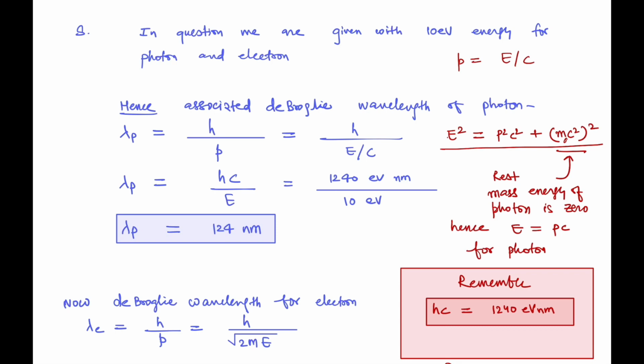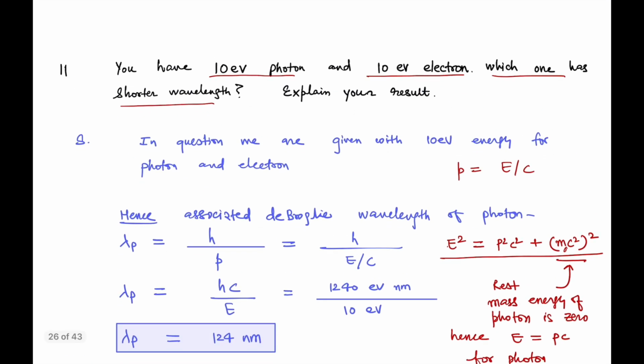Let me explain. This is the parent equation: E squared is equal to p squared c squared plus (m naught c squared) whole squared. For a photon this quantity is 0, so we simply get E squared is equal to p squared c squared. So from here you get p is equal to E by c.